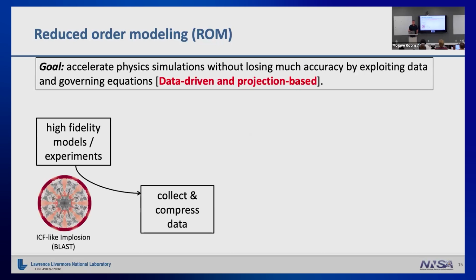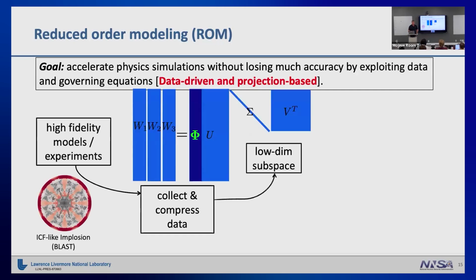You take solution data snapshots and collect them and compress them with the SVD. So this matrix on the left, W sub I, comes from solution snapshots as column vectors for different simulations using, say, different parameters of the simulation.